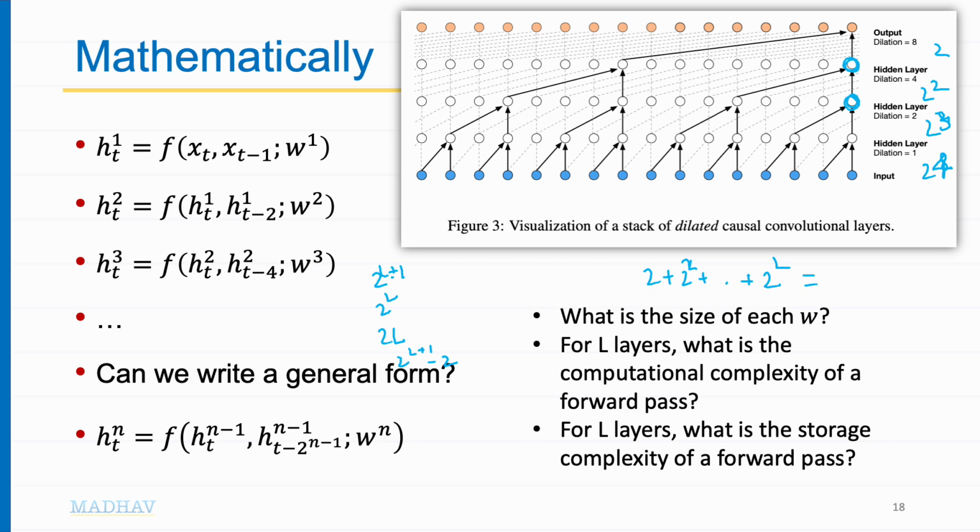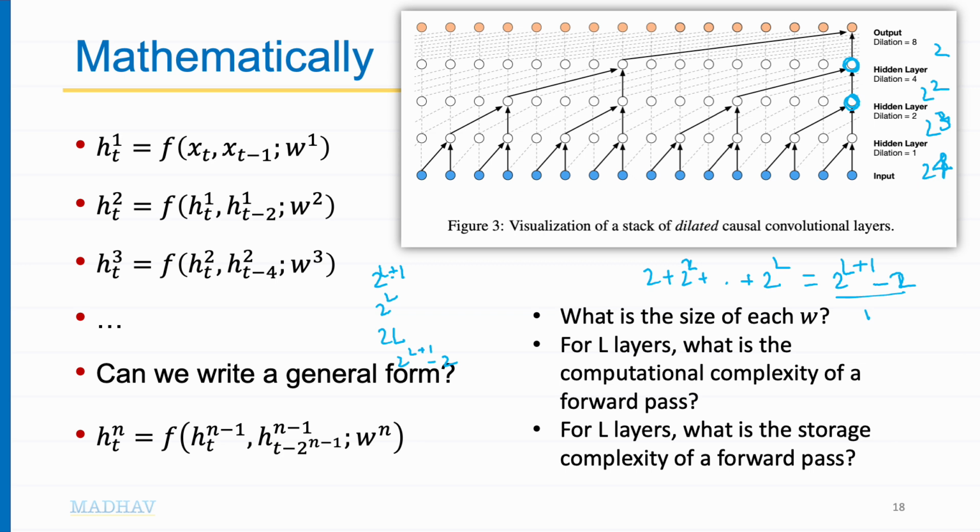This is a GP. Sum of a GP is 2 to the power L plus 1, minus 2, upon 2 minus 1.